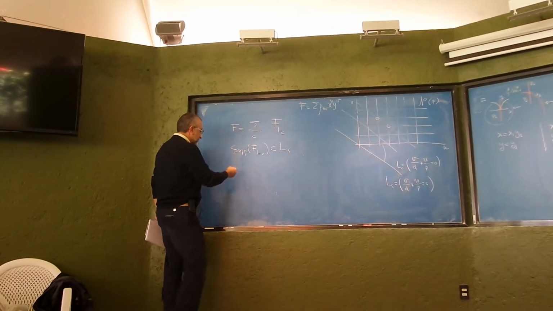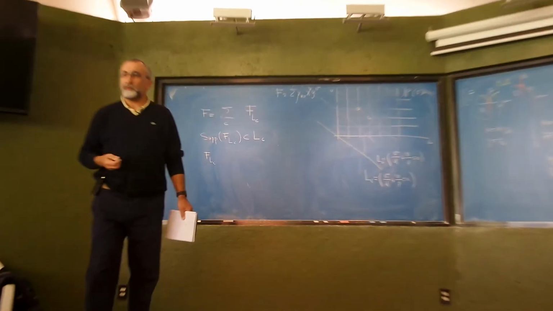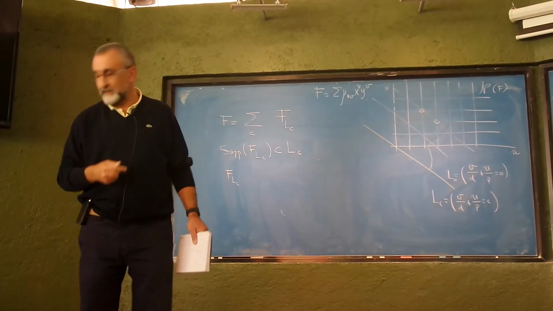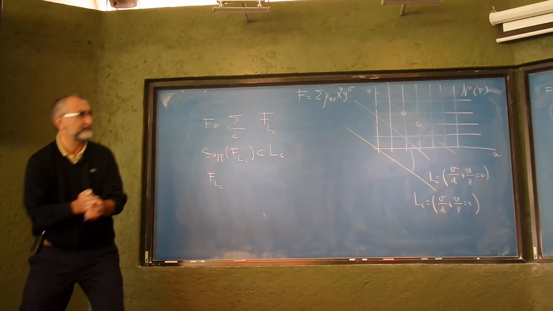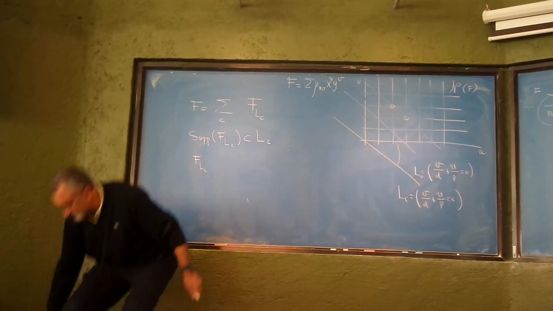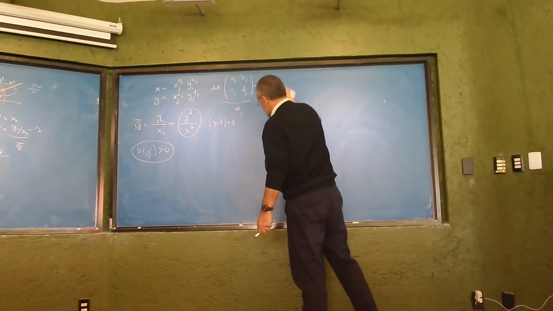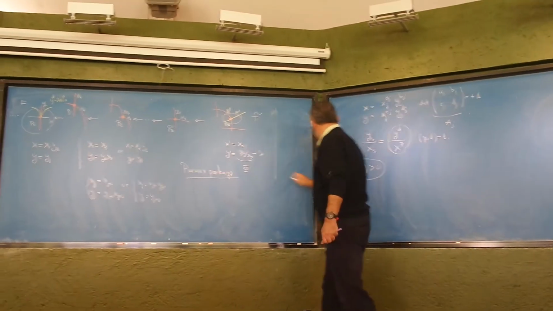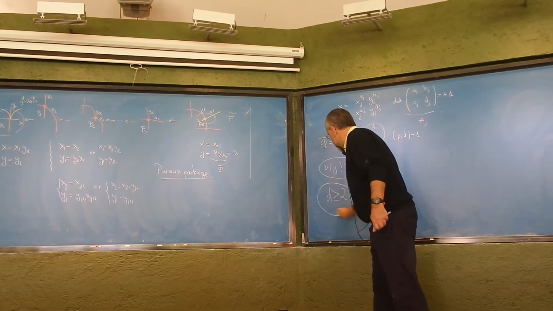So now consider F_LC. I would like to write down how F_LC looks. The first observation, which is very important, is that the d that appears here is bigger or equal than 2.